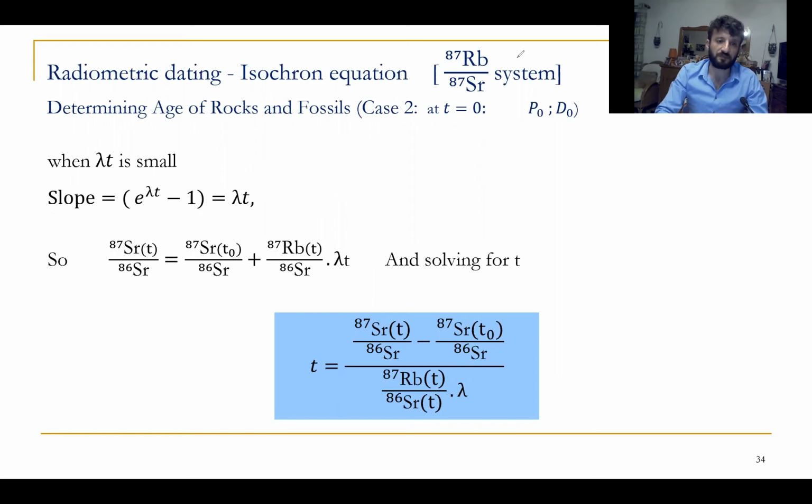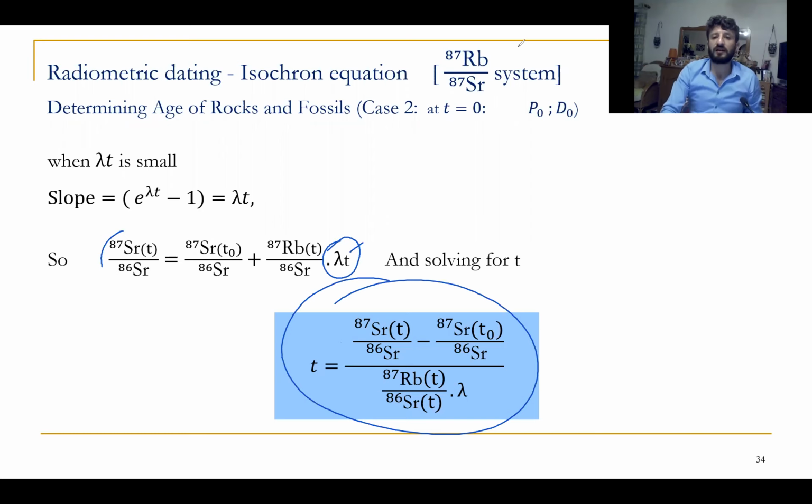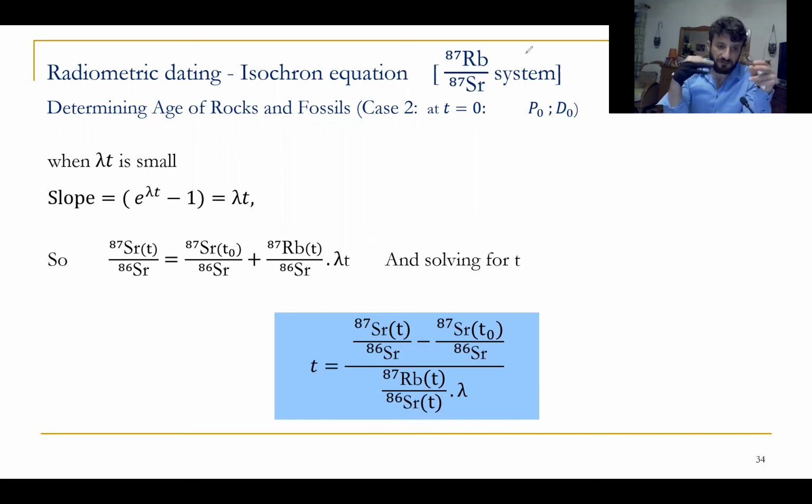To simplify the relation, we can say e to the lambda t minus 1 equals lambda t. So we can substitute its value here in the Isochrone equation, and we can calculate t to get finally this relation. In general, you have to simplify all these calculations using the Isochrone equation.